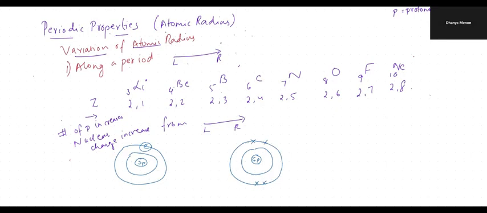So the nuclear charge is increasing. That means the pull of the electrons towards the nucleus will also increase, because the positive charge in the nucleus is increasing. Now, coming towards fluorine, it is 9p.